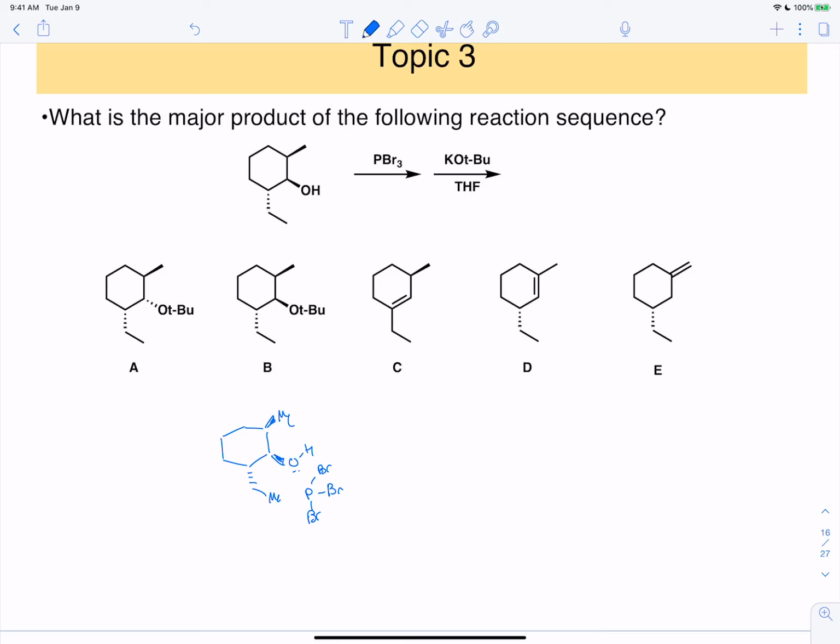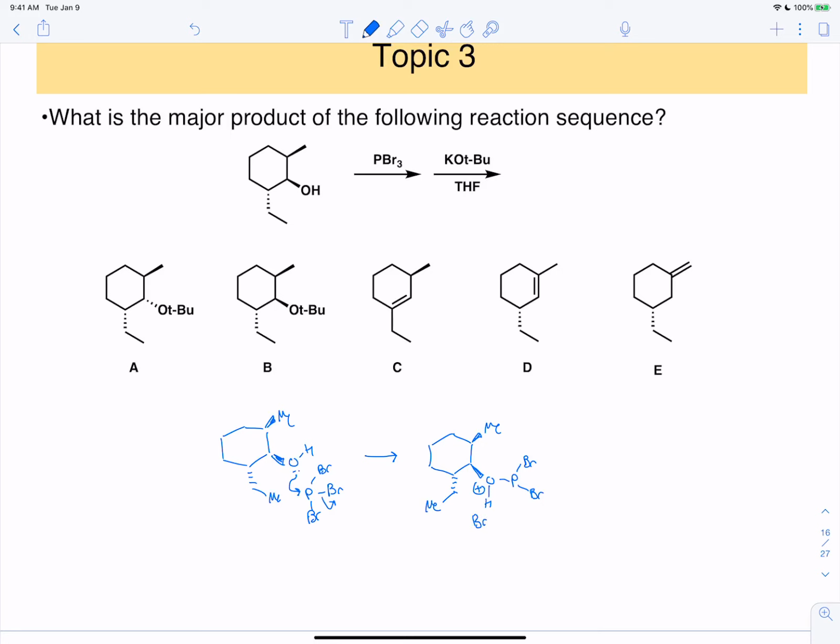Phosphorus is tetrahedral, so we can do a direct SN2 attack on the phosphorus to kick out the bromide. This ends up being a favorable process that's really accelerated by making a strong phosphorus-oxygen bond as well. The hydrogen is still attached to this oxygen, so it's positively charged, which means it's also going to be a very good leaving group.